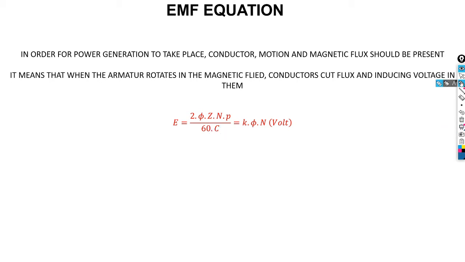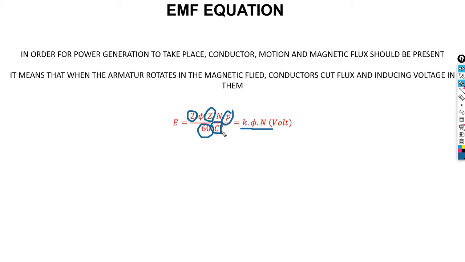Basically, as you can see, this formula is the same as this. Why? Because 2 is a constant, 60 is a constant, the number of poles doesn't change, and the number of conductors Z doesn't change.